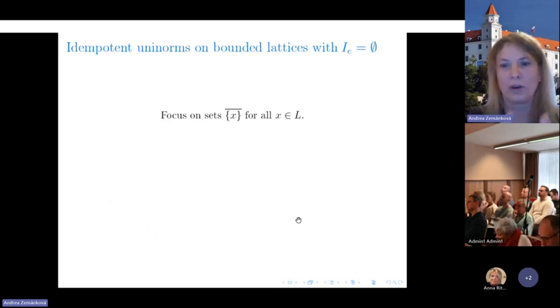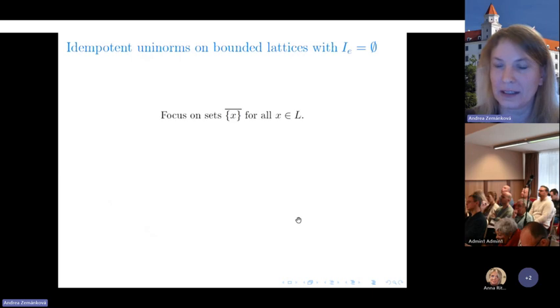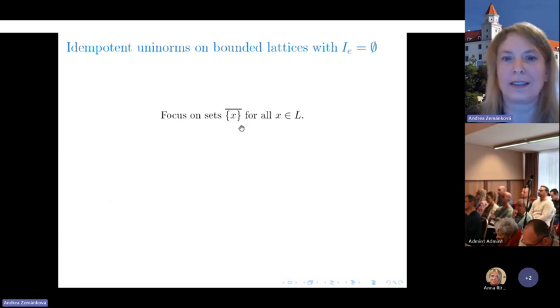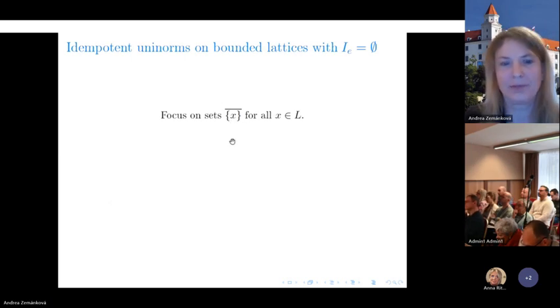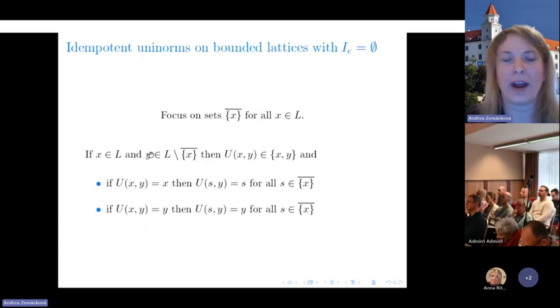We should just focus on each element from our lattice and only see with which points it is tangled together. And therefore, we should focus on sets over line X. Then we can show that for any point which does not belong to the set over line X, points X and Y are comparable, and aggregation by any idempotent uninorm is internal.